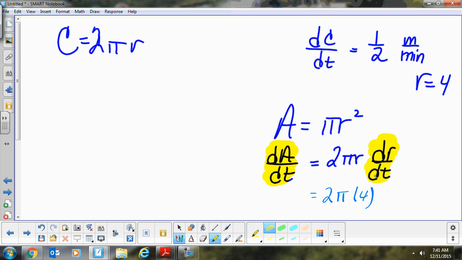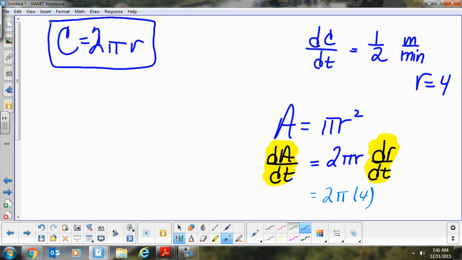Now, they usually don't give you superfluous, there's the word for the day, information. What did they give us we have not used? Our circumference, and what else did they tell us? The rate of change of circumference.